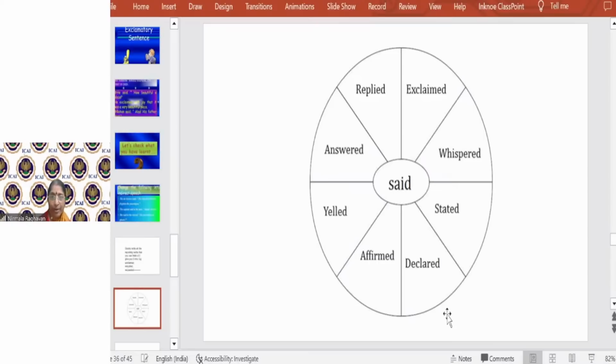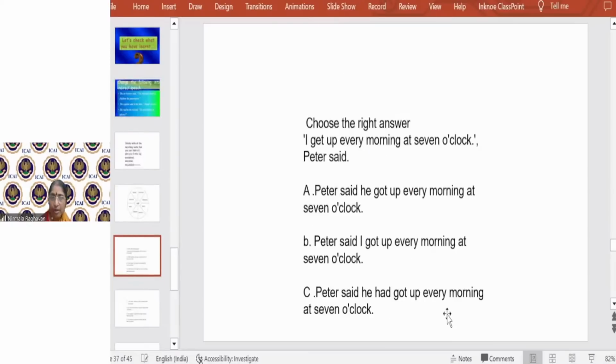Yeah. Now, let me move on. I think I have the answers for these. Okay. Choose the right answer. This is multiple choice. Remember, I have always said in your exam, you don't have multiple choice questions. You only have brief answers or change this to the other one. Okay, "I get up every morning at 7 o'clock." Choose the right answer.